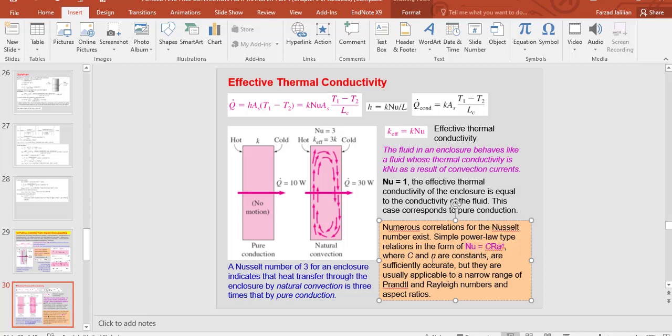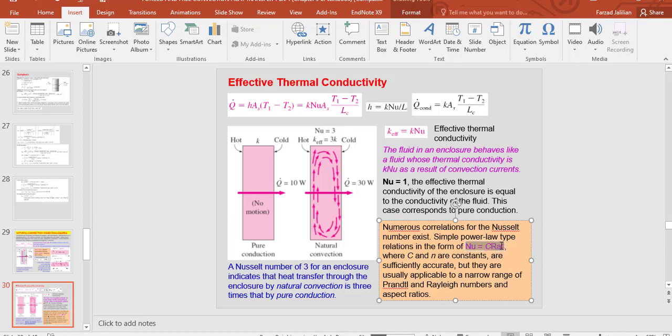But it is only usable for some special cases. It is applicable for a narrow range of Prandtl and Rayleigh numbers to find these Nusselt numbers.